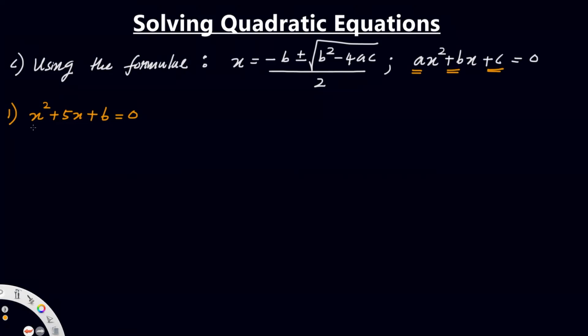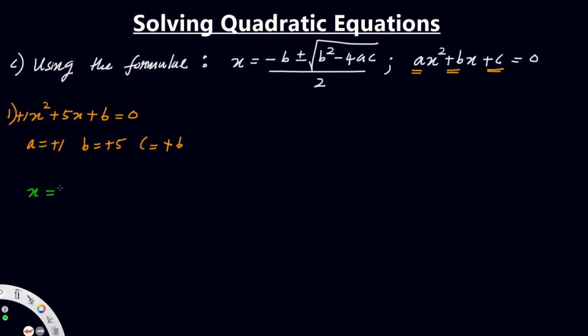Now let's talk about an example. In this example, what you have to do is see what the a, b, c values are. So a value would be plus 1 over here. B value would be plus 5. And c value would be plus 6. So knowing those things, I can find the answer to x by plugging in the corresponding values.